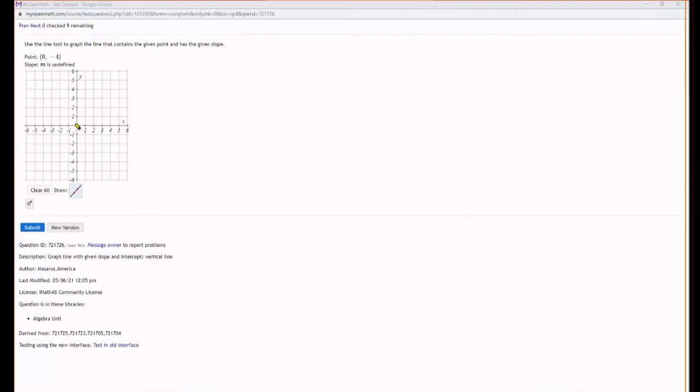It's the amount up or down when I move over by 1. It'll be undefined if I'm not allowed to move over by 1. And the only time that happens is if my line doesn't go over. It only goes straight up and down. So when your slope is undefined, we pick a point, right? So we have 0, negative 4. And it's just going to be a vertical line.